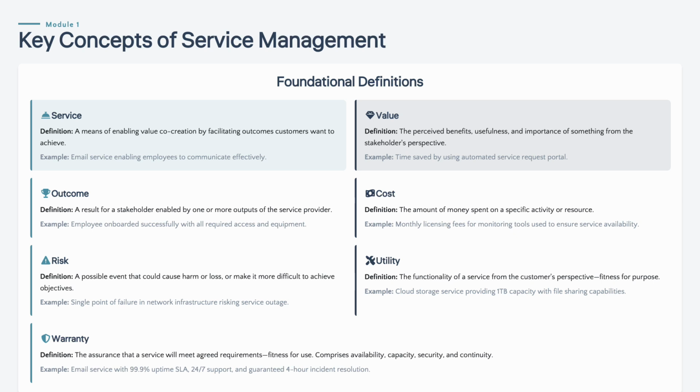Now, the next concept is value. So if you talk about value, value means the perceived benefits, usefulness, and importance of something. In simple words, value is what the customer feels they are getting in return.